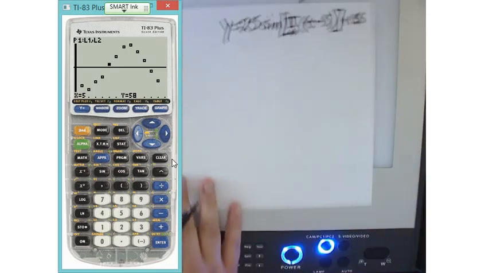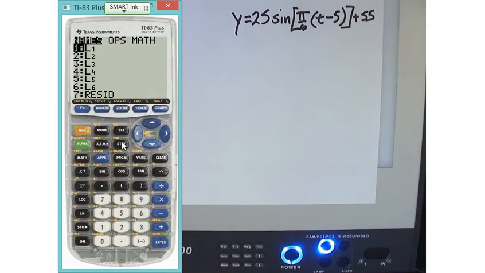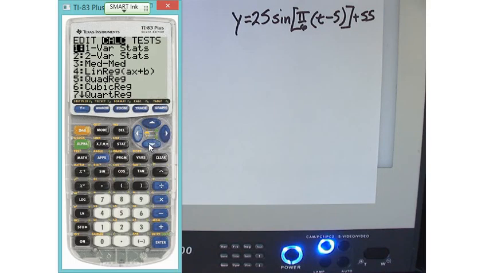Now, how could I double check that? Line of best fit. So I hit stat, then go over to calc, and scroll down till I get to sine regression.